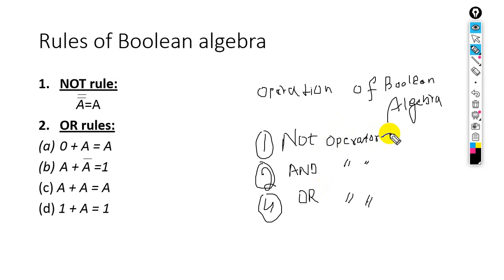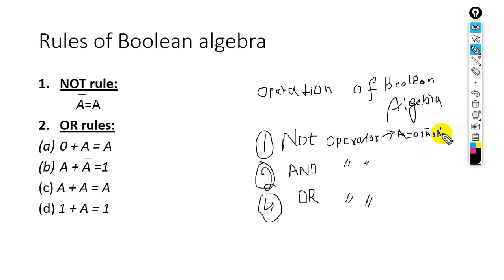How does it work? When we have a variable a and the value of variable a is, for example, 0, the not operation is represented by a bar, a variable with an over bar. We can also represent it just like this: take a and a single quote.